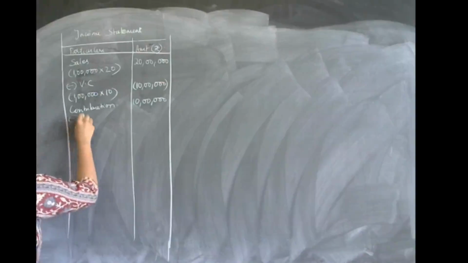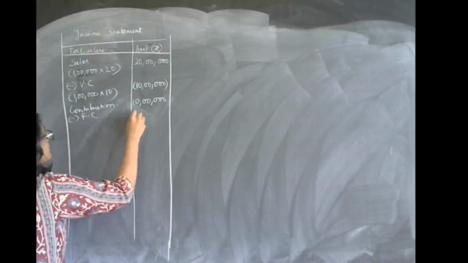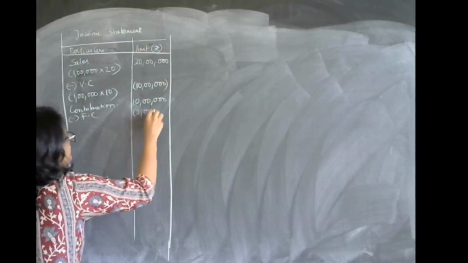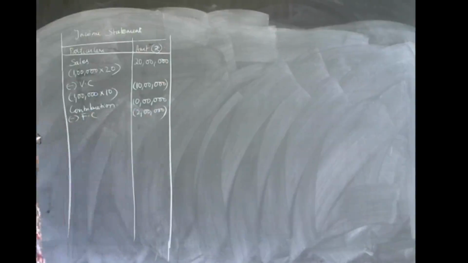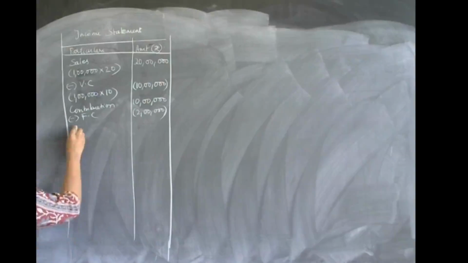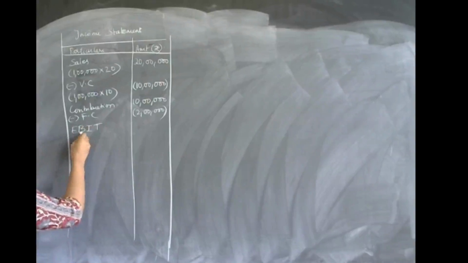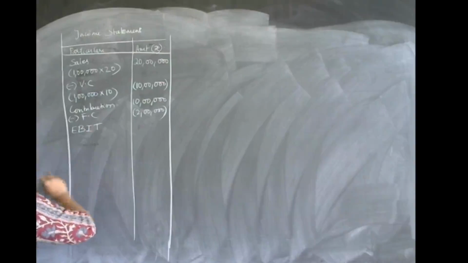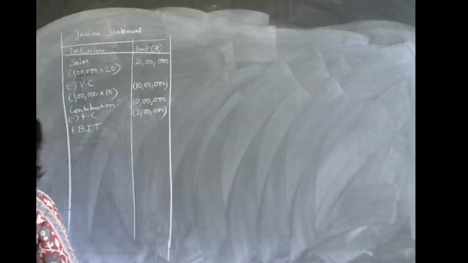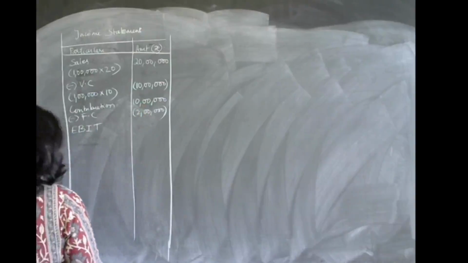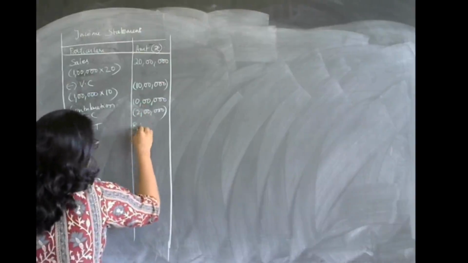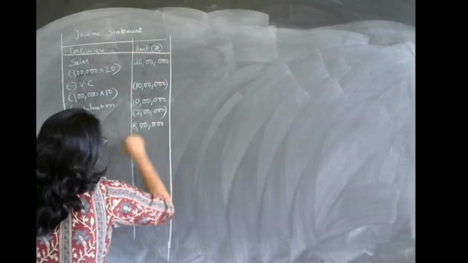So minus fixed cost 2 lakhs. Okay. So after that we will get something called as EBIT, earnings before interest and tax. So 10 lakhs minus 2 lakhs, we will get our EBIT as 8 lakhs.